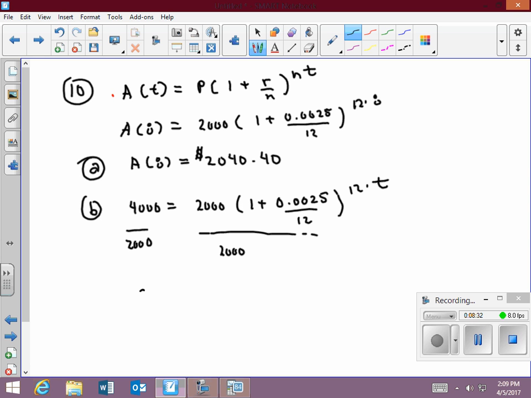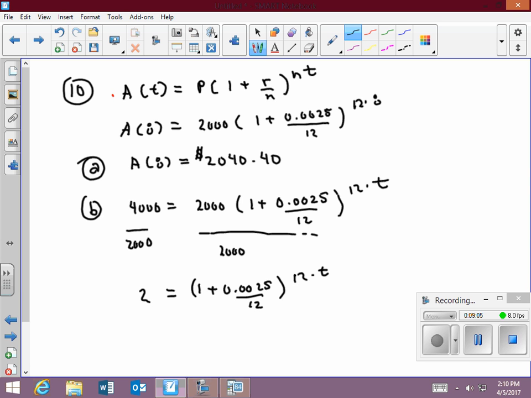So this is 2. Now what are you going to do? Okay, do the natural log of both sides. Or you could do log base 10, whichever. But natural log is what they've always been saying.